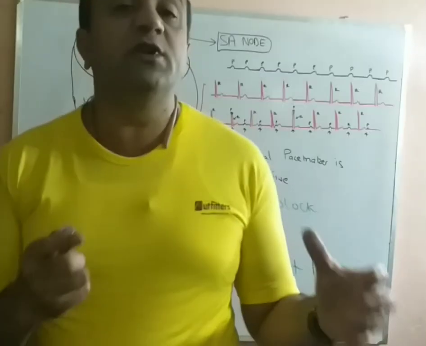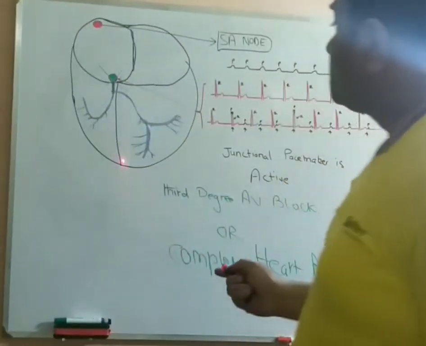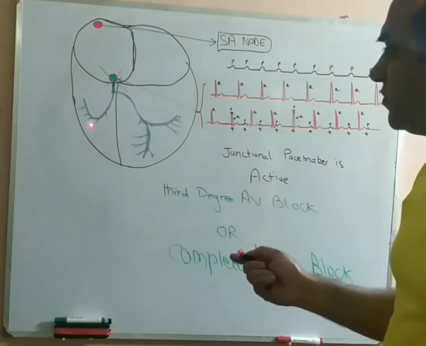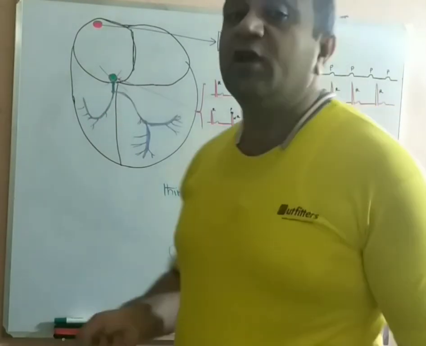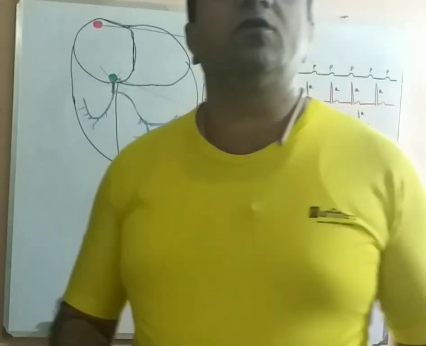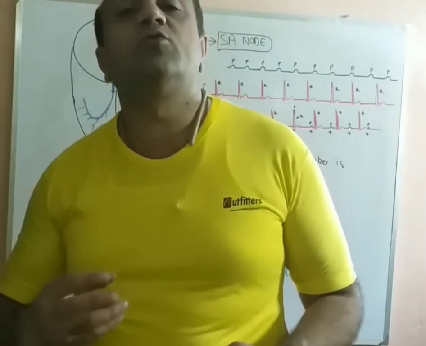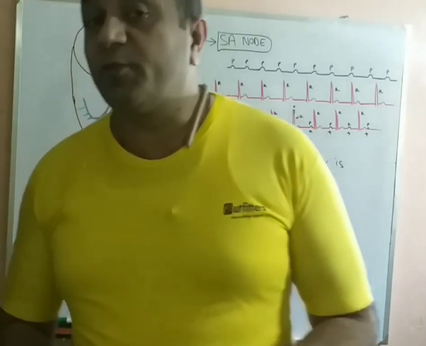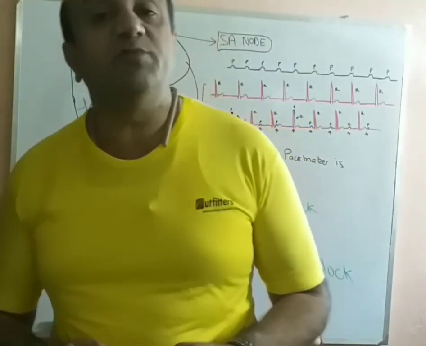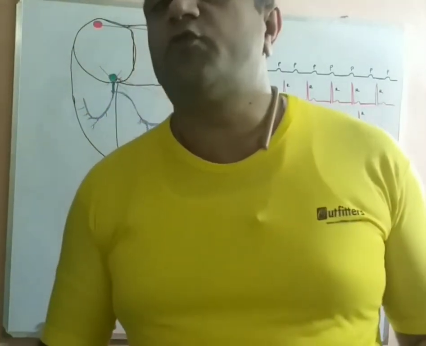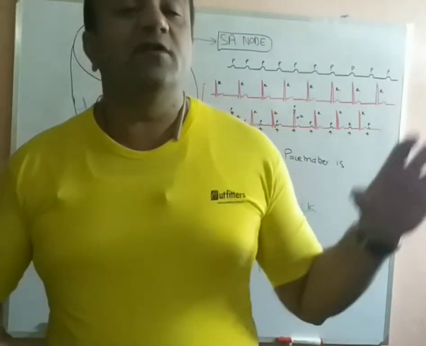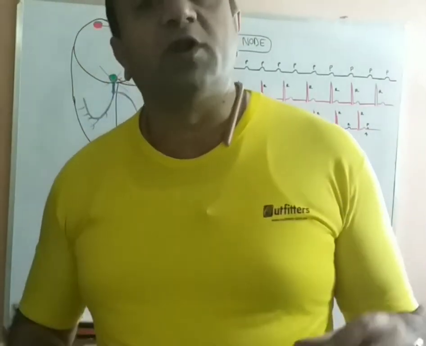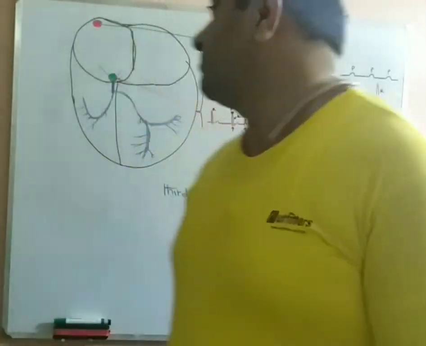It will be left to the ventricular pacemaker, which is the lower part of the bundle of His, the Purkinje fibers and the ventricular muscle. They start firing through their own pacemaker, which generates QRS complexes at a rate of 20 to 40 beats per minute, and the QRS complexes would be broad. Let's draw that diagram.